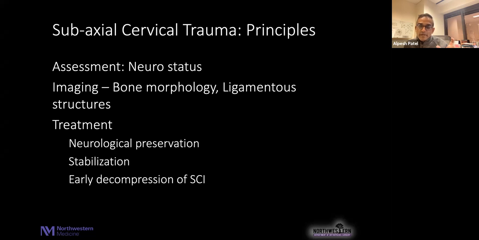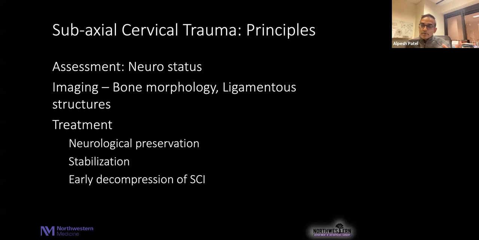There's an unbelievable amount of confusion about what it means to have a central cord injury. It means different things to different people, right? And so we actually have an article that we're putting through print right now, trying to define this a little bit better. And the term I've liked that I've heard a few times is acute traumatic myelopathy. So this idea of, it's not a pure central cord, like Dr. Sue's saying.